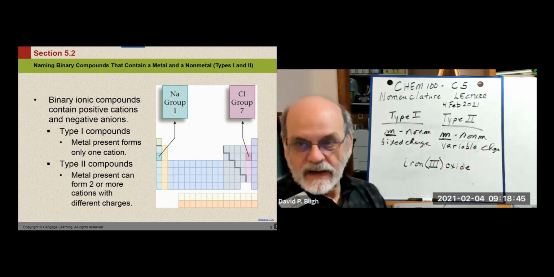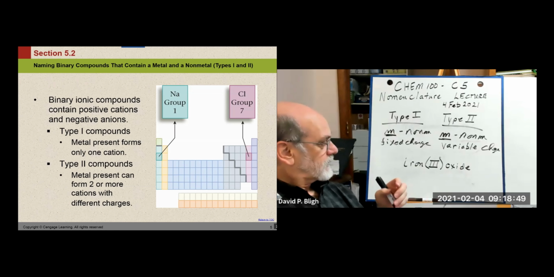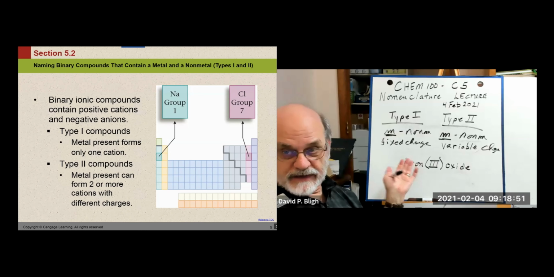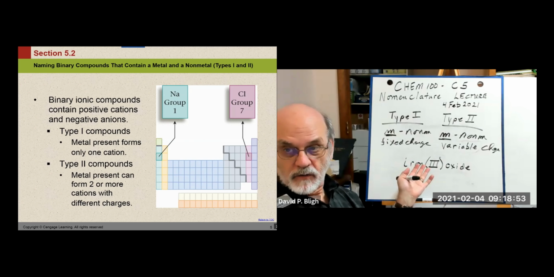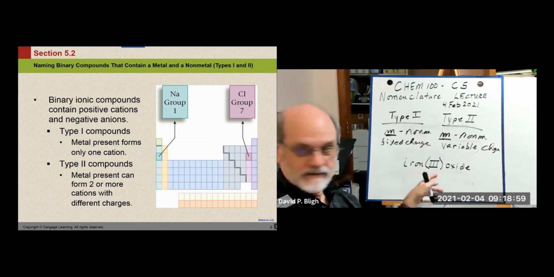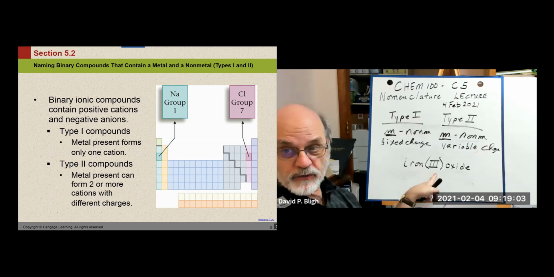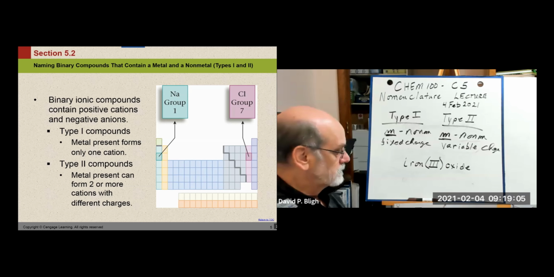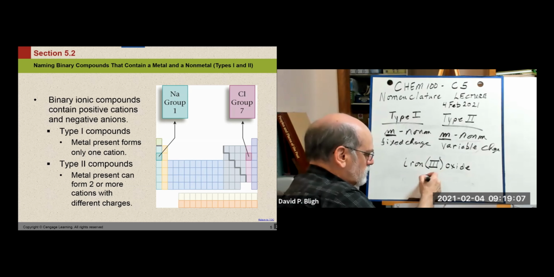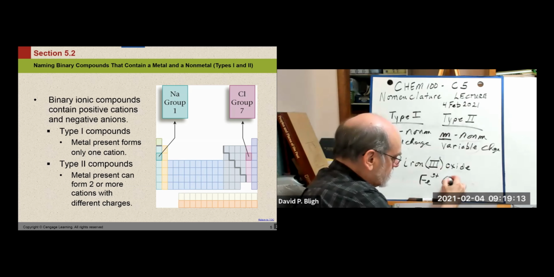How about that one? Iron(III) oxide. Now, first of all, is that allowable? Well, you look at the metal, iron. Where does the iron come from? It's a transition metal, so yes, that is proper. So we're saying that iron has a 3+ charge. And we know that oxygen has a 2- charge.